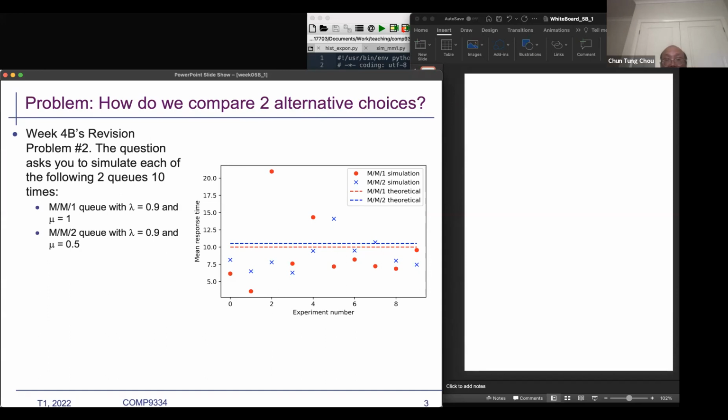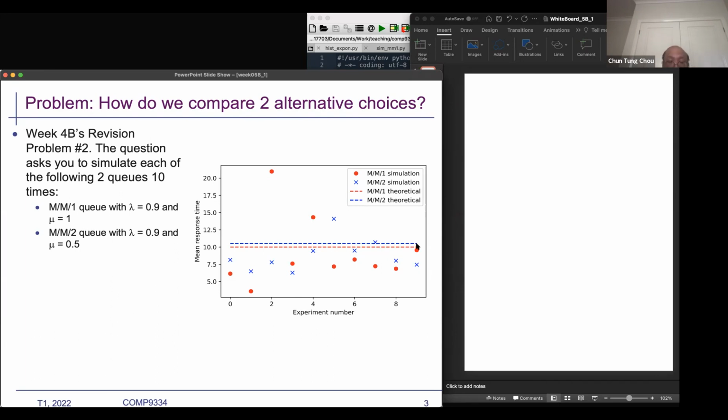But that's not always the case. If you look at experiment number 2, then MM1 actually has a worse mean response time, and also experiment number 4, and experiment number 9 as well.